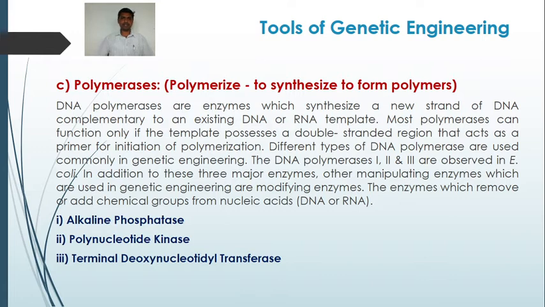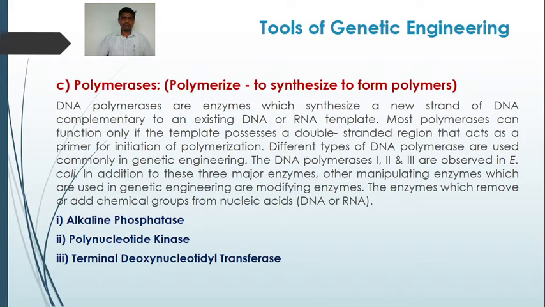Different types of DNA polymerases are used commonly in genetic engineering. The DNA polymerase first, second and third are observed in E. coli. In addition to this, three major enzymes which are used in genetic engineering are the DNA modifying enzymes.